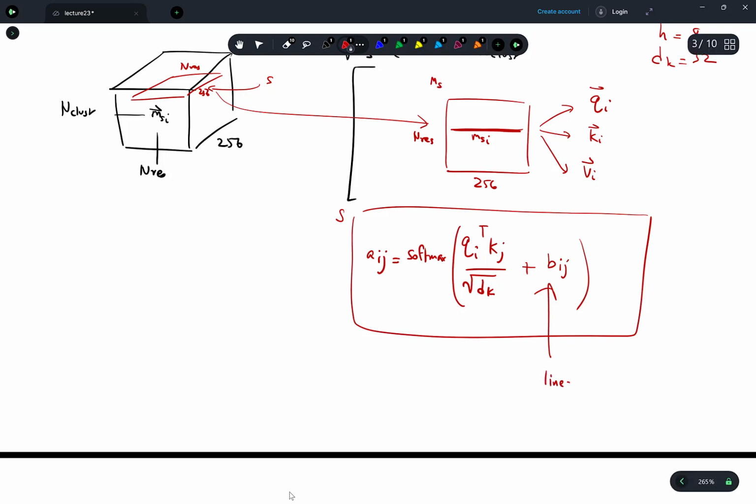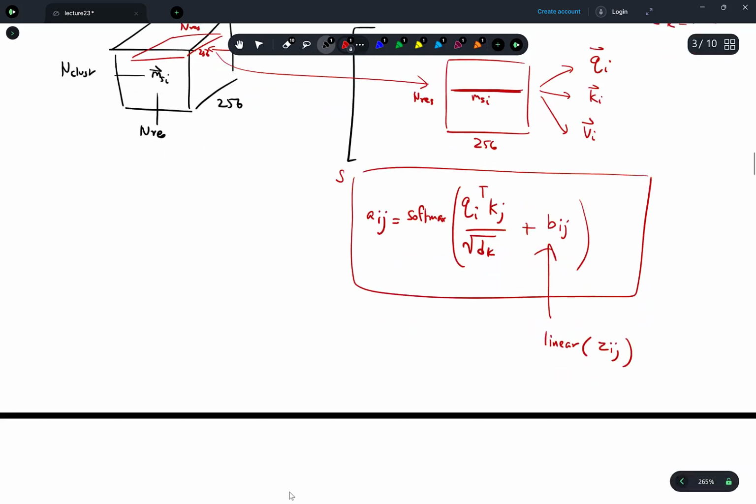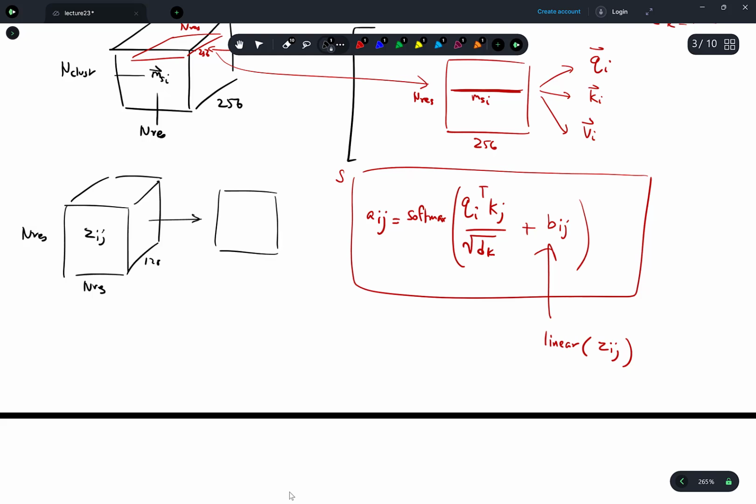So all we are doing is we are taking the input from the pairwise input, doing a linear transformation on that and getting a Bij. So in matrix terms, the input here technically is also this vector, which is nres by nres by 128, which is Zij, and we're basically mapping it to just an nres by nres to get Bij.